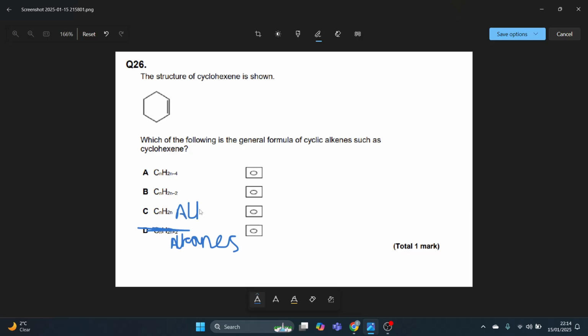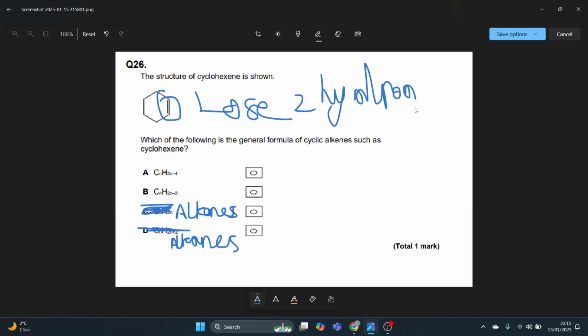CnH2n, that's alkenes, not cyclic alkenes. CnH2n minus 4, I've never heard of that. It's CnH2n minus 2, because you've got the double bond, therefore you're just going to lose 2 hydrogen atoms.